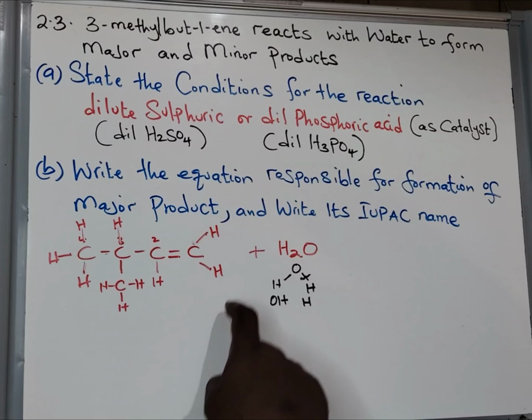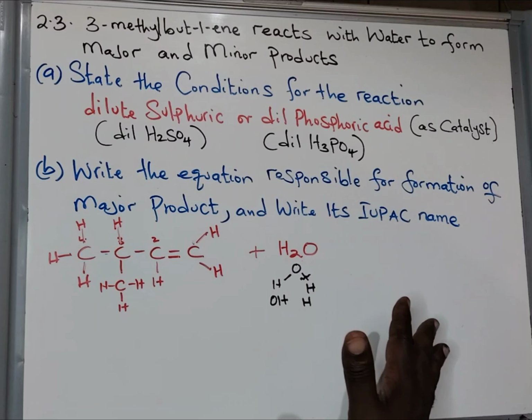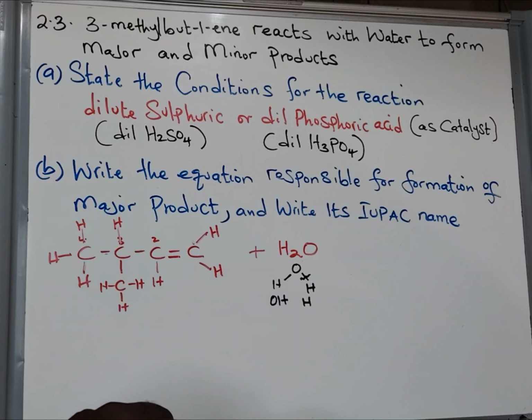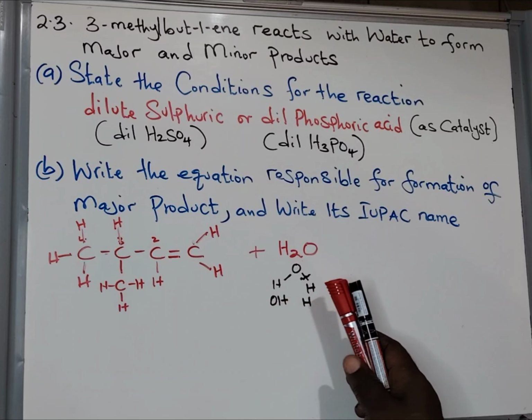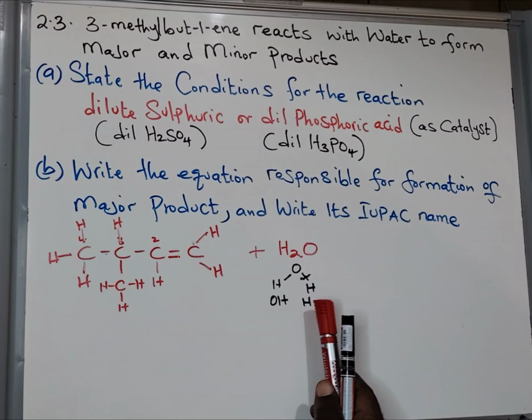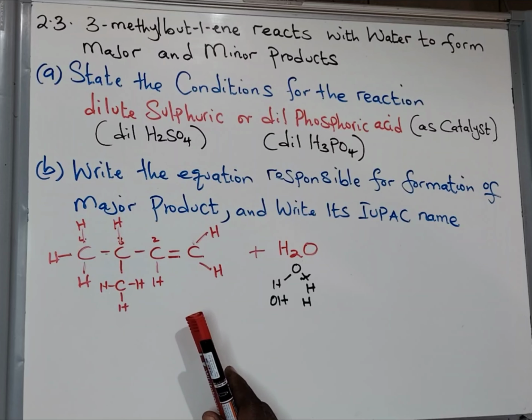It's the law which gives the major product. If you don't use the law, you get minor product. What is the law? The law is Markovnikov's law. What does Markovnikov say? He says that during addition of hydrogen something, this is hydrogen and hydroxide, hydrogen goes to the carbon atom with the biggest number of hydrogen.